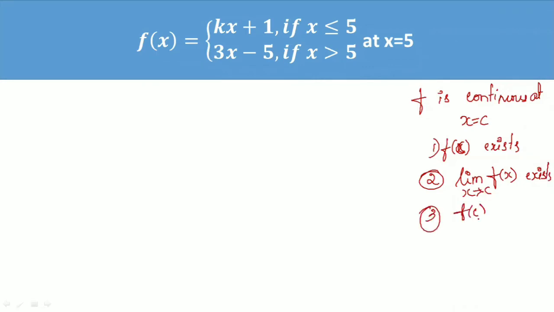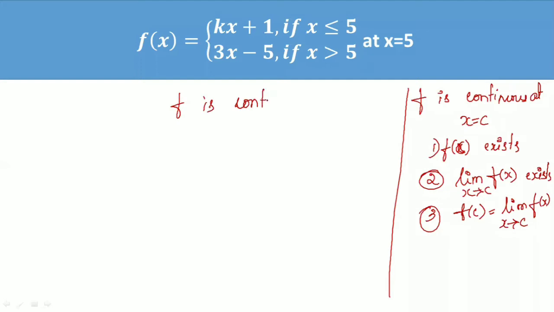f of c is equal to limit f of x as x tends to c. Again you have to use the second definition. Since f is continuous and the function is defined in two different ways, you have to go for the second condition: limit f of x as x tends to 5 exists.